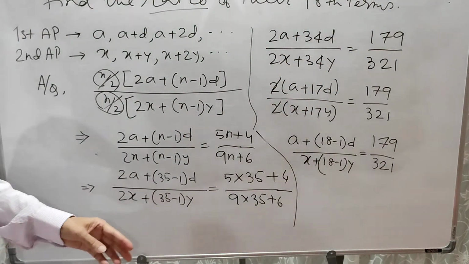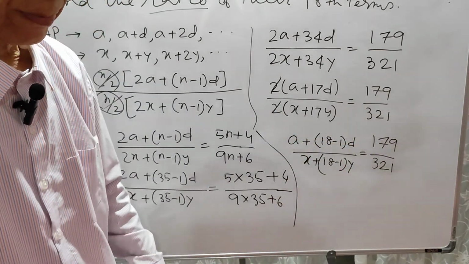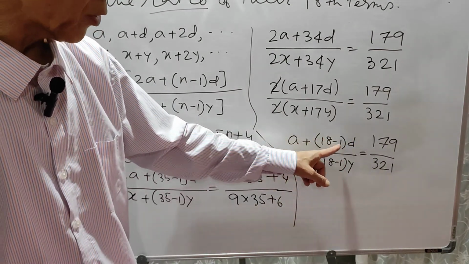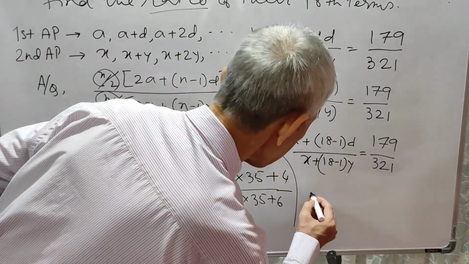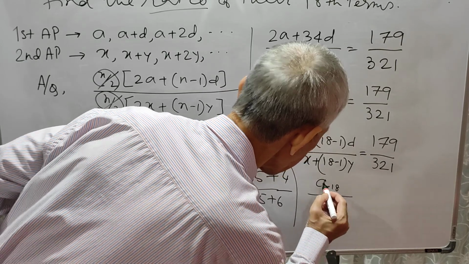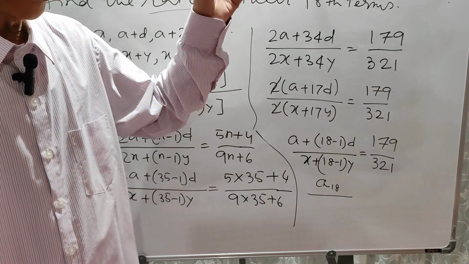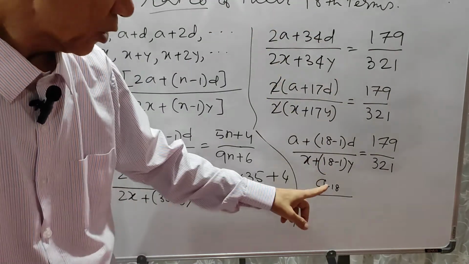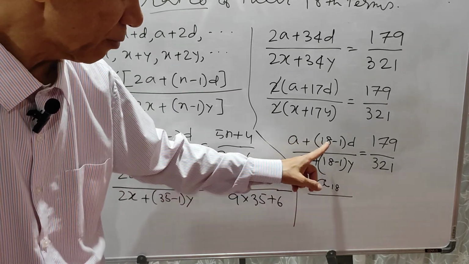Now you see, using the nth term formula, a plus n minus 1 d, isn't it a18? What is the 18th term formula? According to the nth term formula, the nth term is a plus n minus 1 d. So what is the 18th term? A18 is a plus 18 minus 1 d.